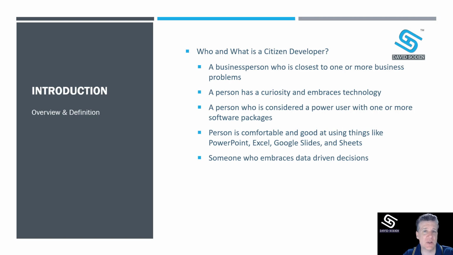However, they do share certain attributes, and I'm going to read from my bullets here: a person who has curiosity and embraces technology as a whole. In addition, if you think about these people in your workplace, they're power users. They're typically good at one or more pieces of software.